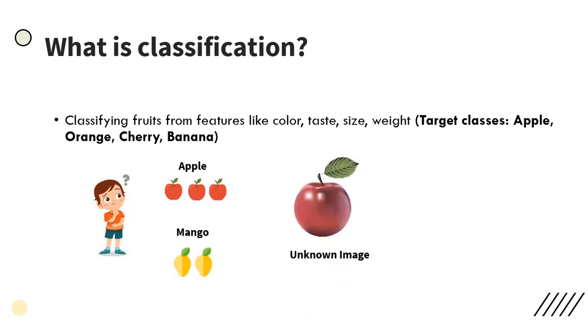Now we give the person one unknown image, which is somehow different from the images we gave before. The person differentiates this image based on its features like color, taste, size and weight, and based on that classifies this product as an apple.